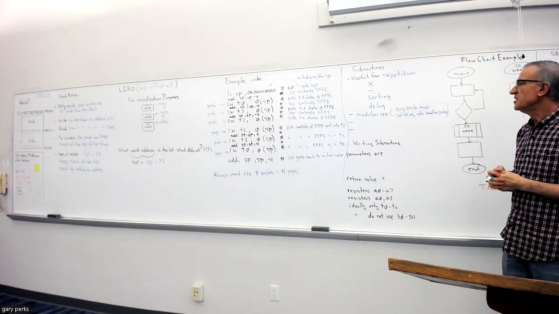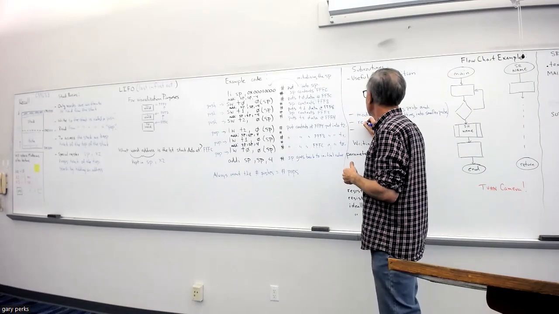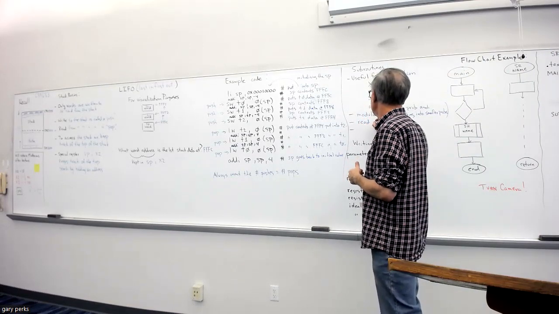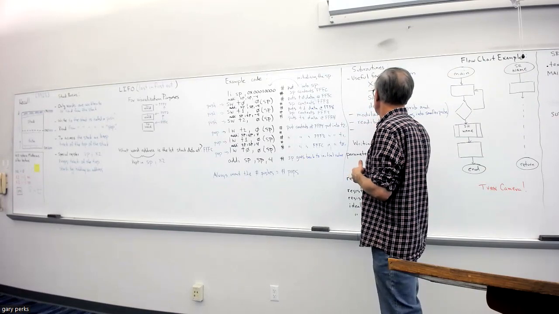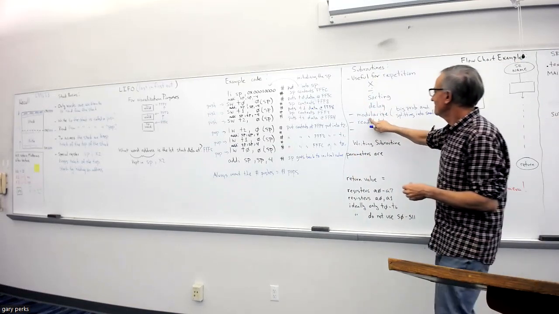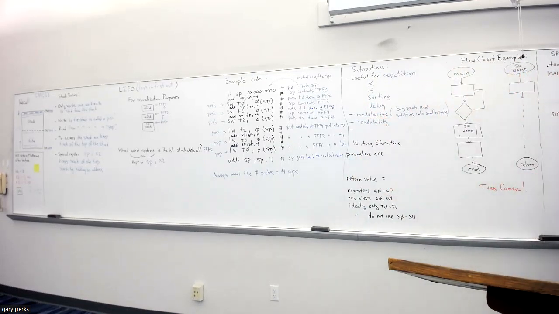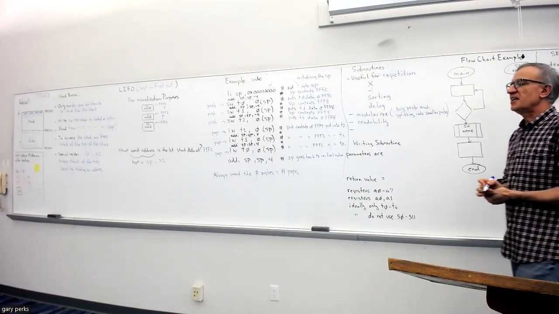Another reason to use a subroutine is that it makes your code more readable. Readability. Is there an A or an E? I think that goes without saying.